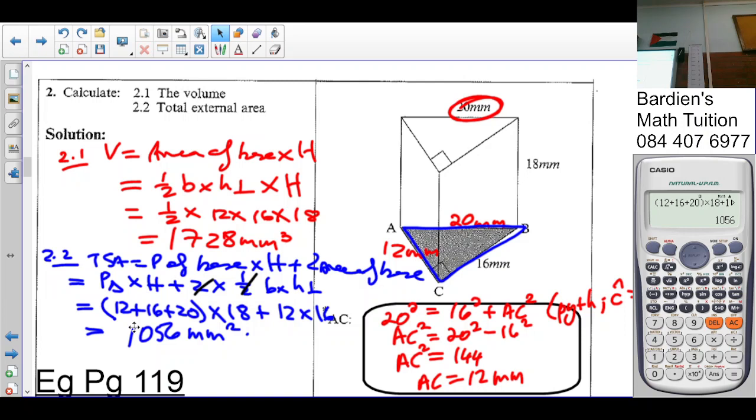You must remember that the perimeter of the base is the sum of all the sides.